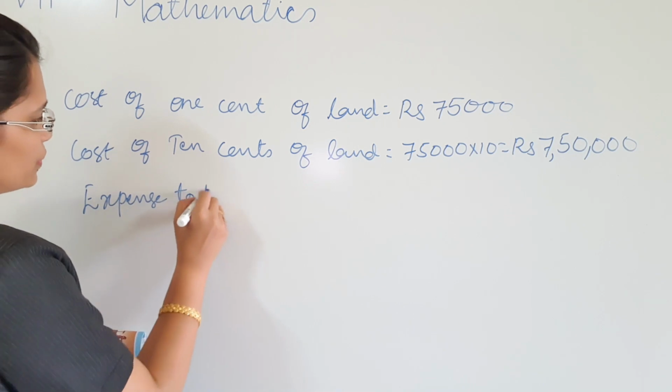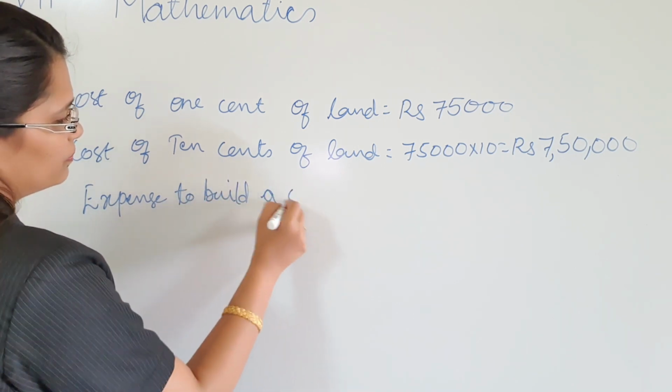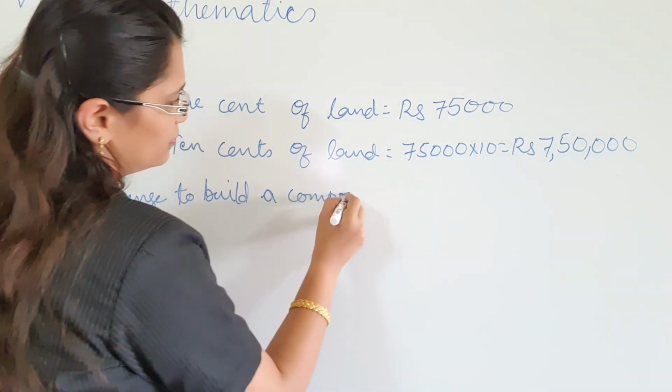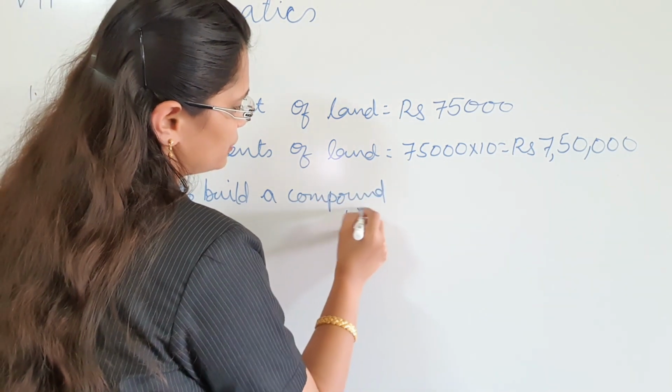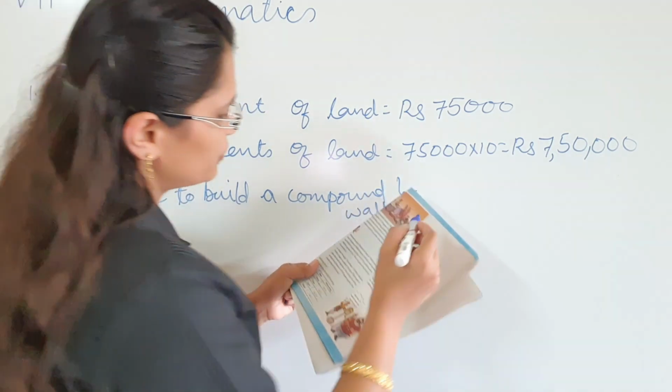Then expense to build a compound wall is equal to rupees 50,000.